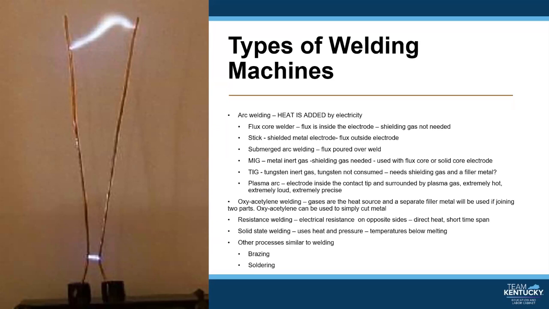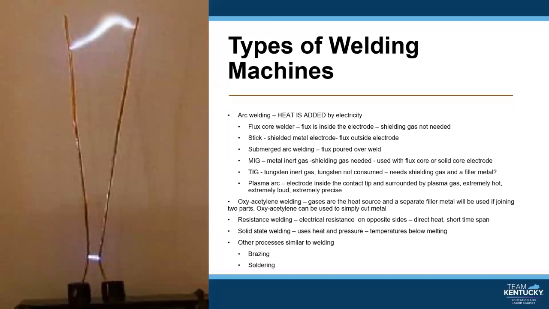This can be used with flux core electrode or with a solid core electrode. It produces the fourth most amount of welding fumes. Next on the list, TIG welding. In this process, tungsten is used as the electrode, and it is not consumed. This needs shielding gas and a filler metal.